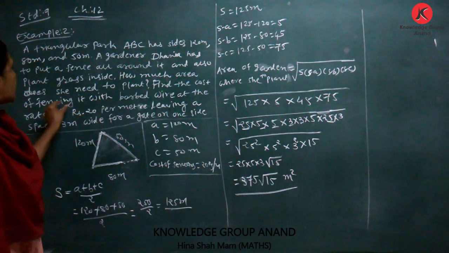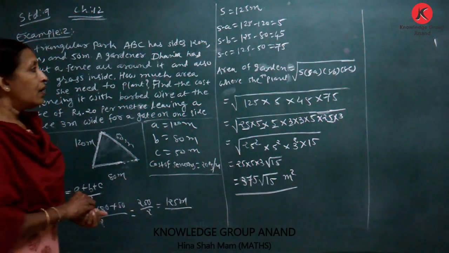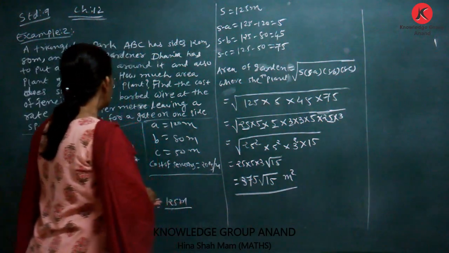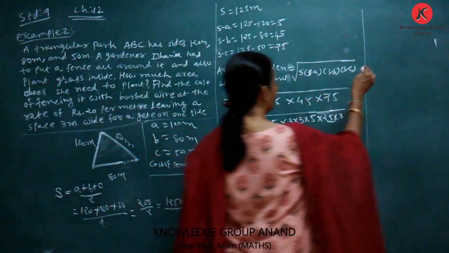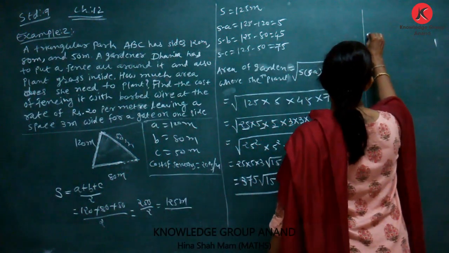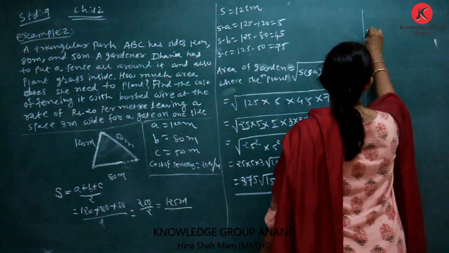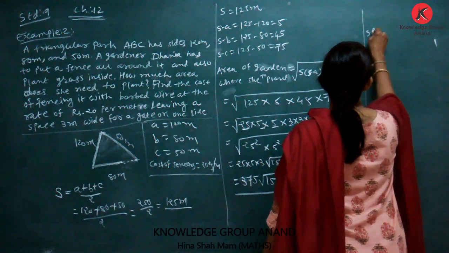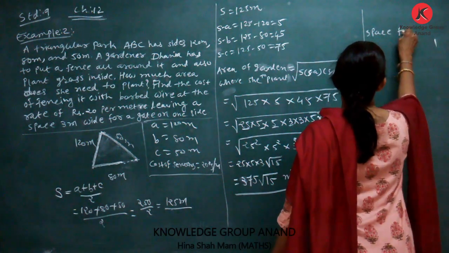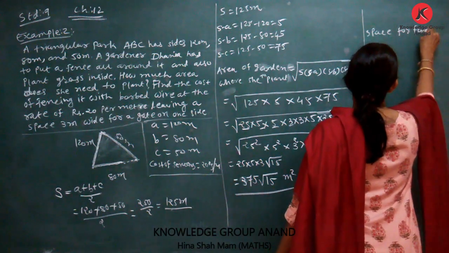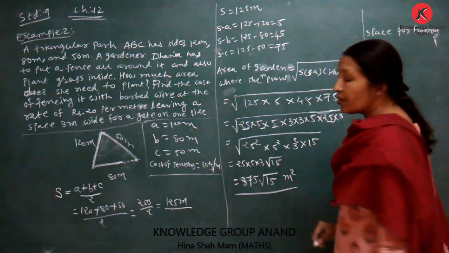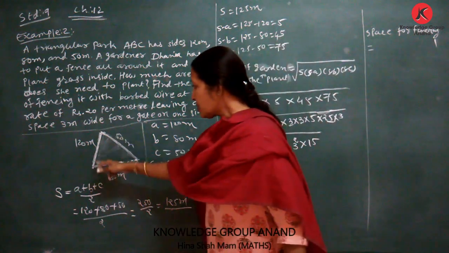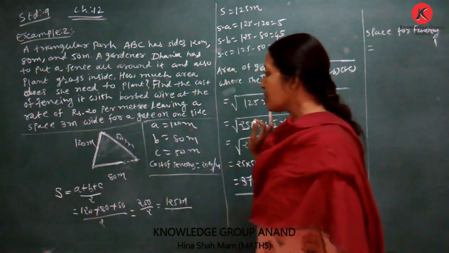Now we find the cost of fencing. First we find the perimeter, the space for fencing, which is its perimeter minus 3.